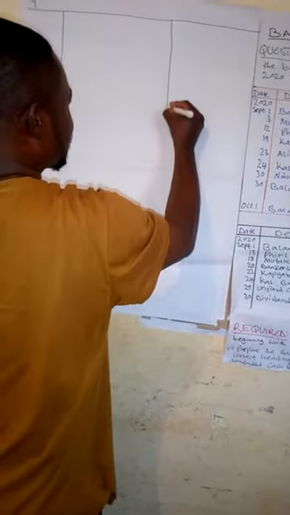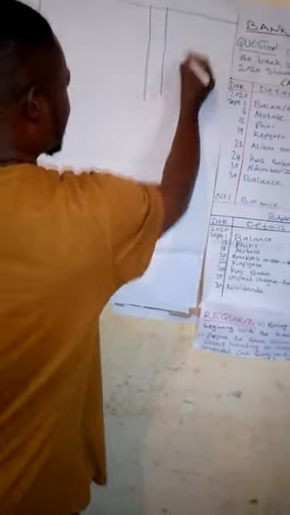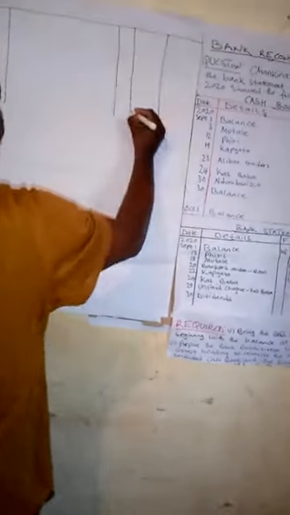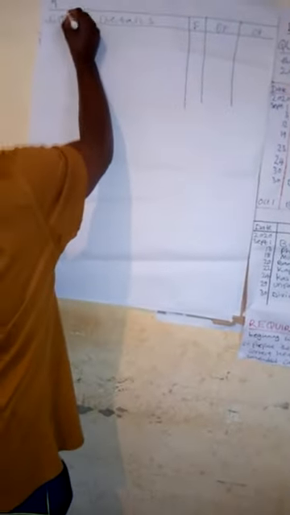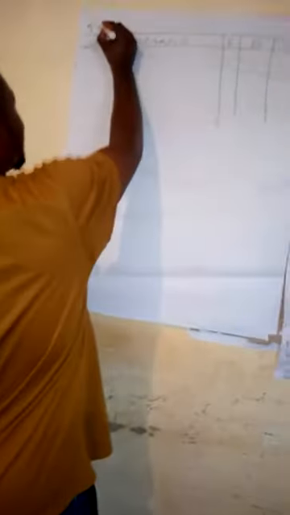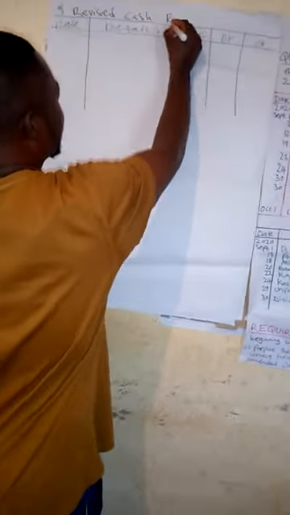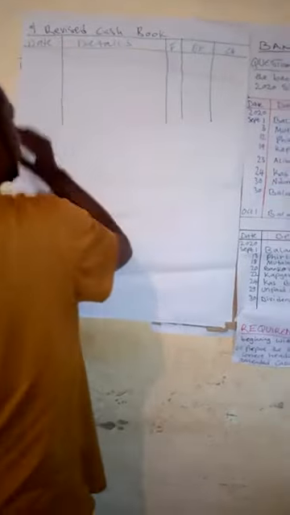A revised cash book. So this is the format. Credit, debit, folio, details. Then the heading should be revised cash book or updated cash book.